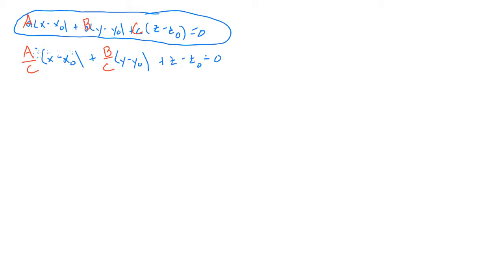Okay, and so z minus z sub 0 would equal negative A over C, okay, times x minus x sub 0 minus B over C times y minus y sub 0.